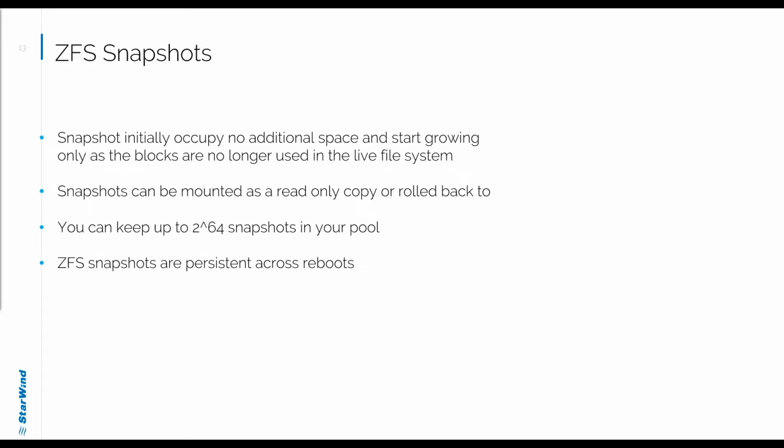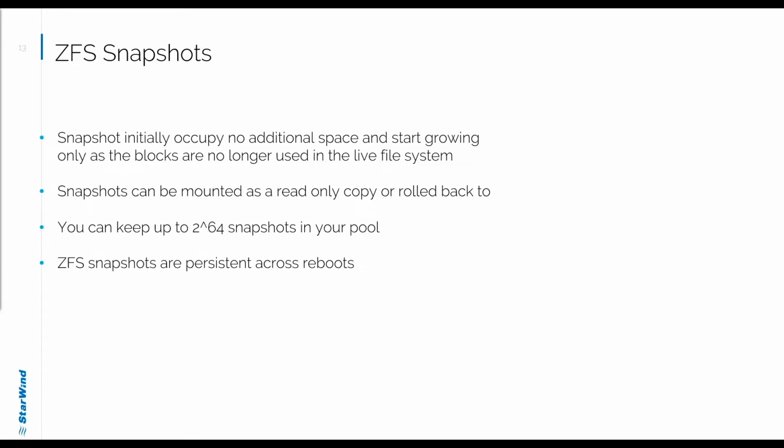Now you can take up to 2^64 snapshots in your pool, which is the theoretical maximum. ZFS snapshots are persistent across reboots and they don't require any additional backing store. They use the same storage pool as the rest of your data. A ZFS snapshot is a copy of the Merkle tree in that state, except we make sure that the snapshot of the Merkle tree is never modified.